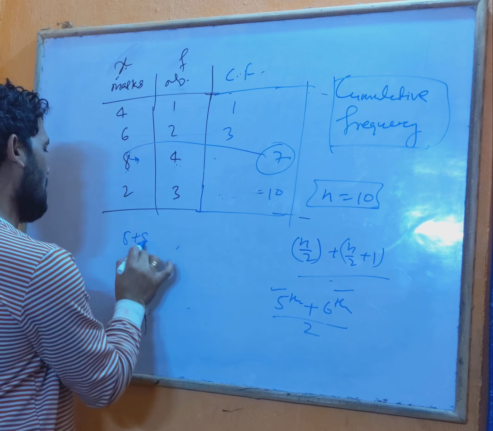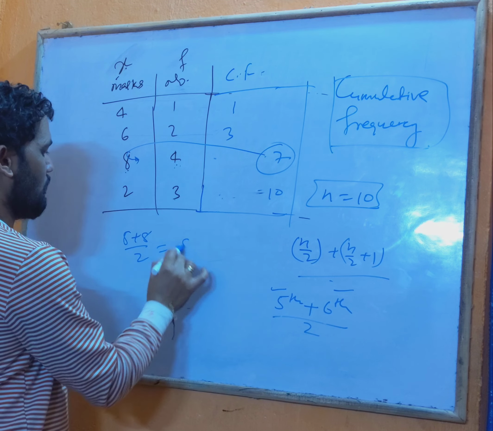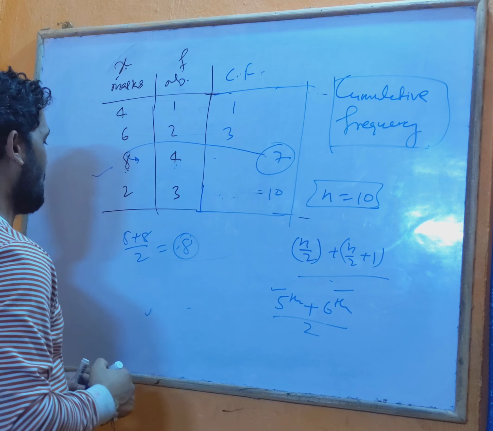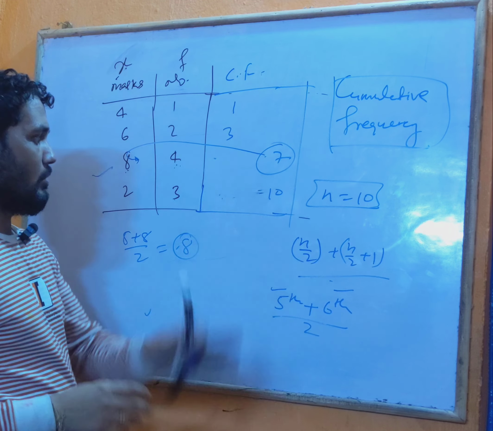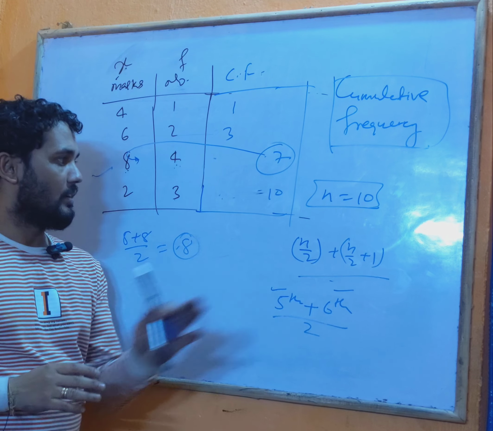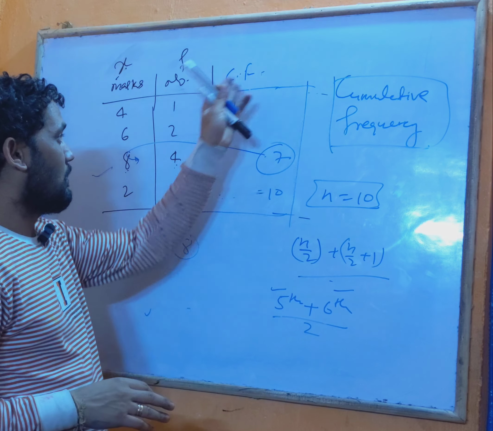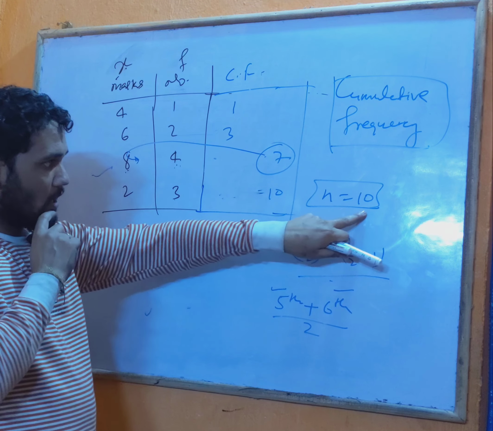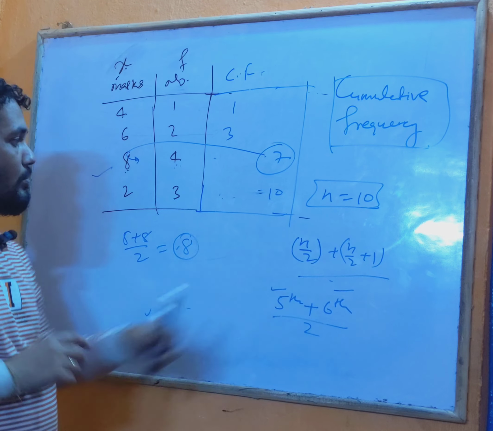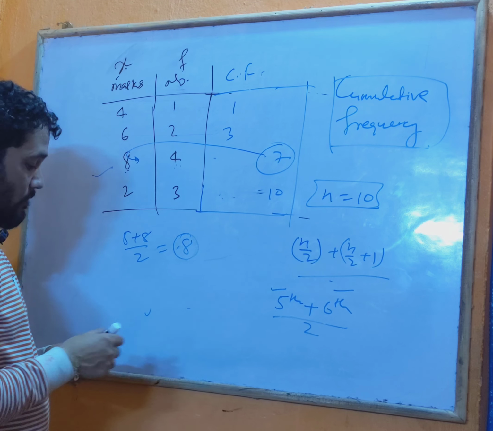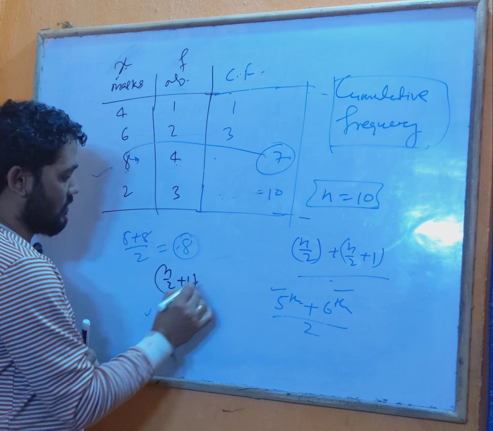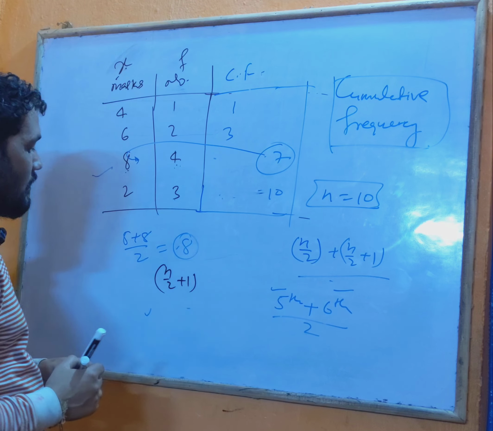So 8 plus 8 divided by 2 is equal to 8. 8 is your median. We can also find it for an odd number: if the cumulative sum of all the frequencies is odd, then we can use the formula n by 2 plus 1 observation.